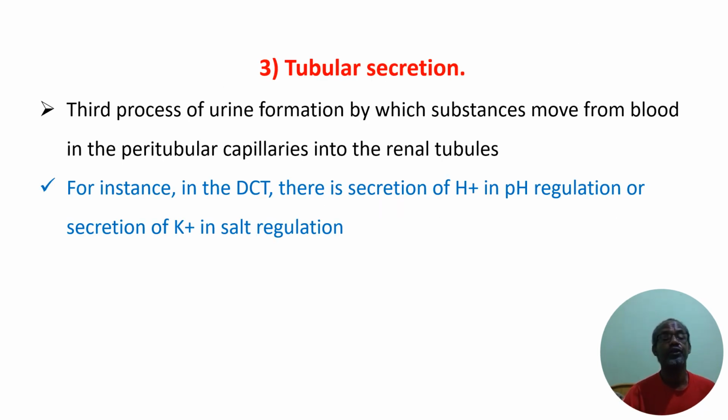The third stage, tubular secretion, is the third process of urine formation by which substances move from blood in the peritubular capillaries into the renal tubules.